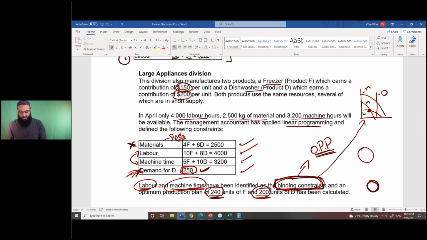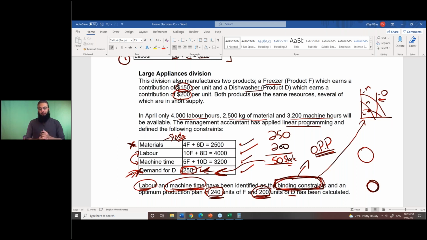See, you could have made a maximum of 250, but your final answer of D is 200. You could have made 250, but your answer is at 200, which means 50 units you haven't made and there is a slack. And I did explain to you earlier, because the optimum answer is not at the line of D, there will be slack. And by units, it's also obvious.